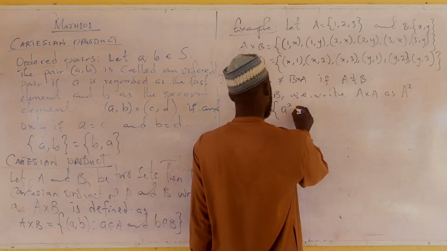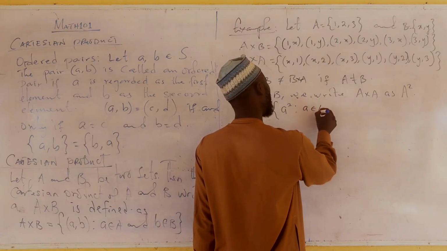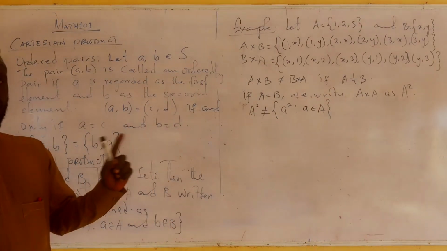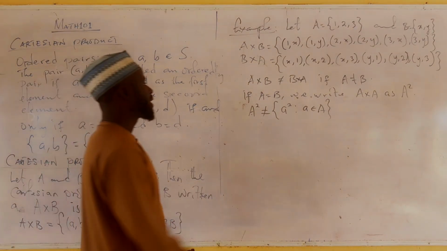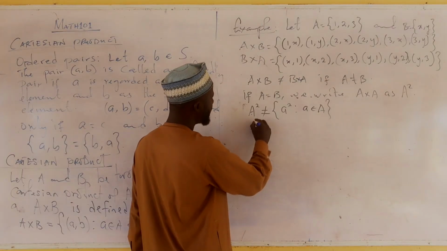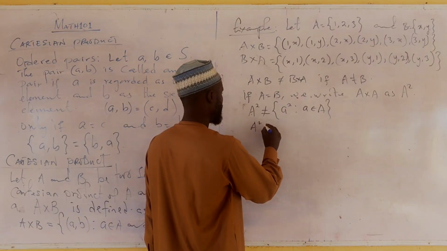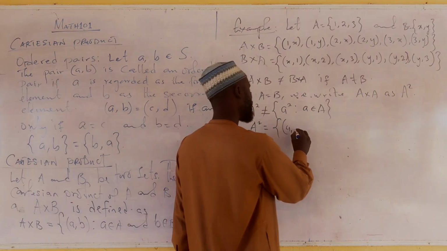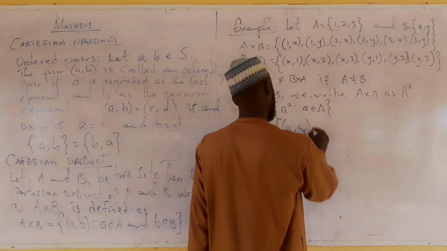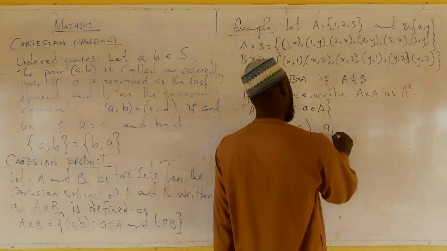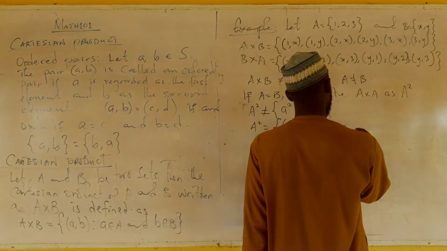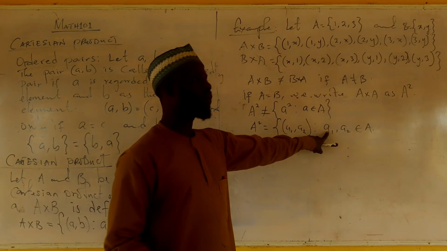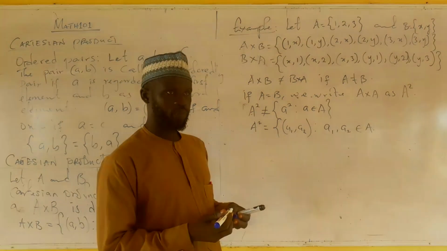No, that is not the meaning of A squared. What A squared means here is the ordered pair A1 comma A2, such that A1 and A2 both come from A, and we start with A1, then A2.